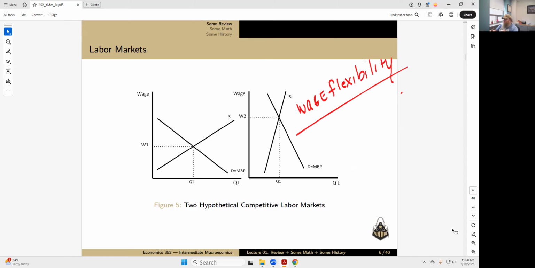That's going to affect the extent to which we can expect to see labor market dynamics reflect supply and demand. And then ultimately, concepts like wage flexibility and price flexibility writ large end up having huge implications for our macroeconomic analysis.